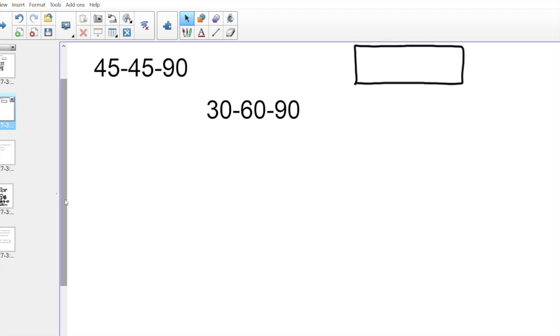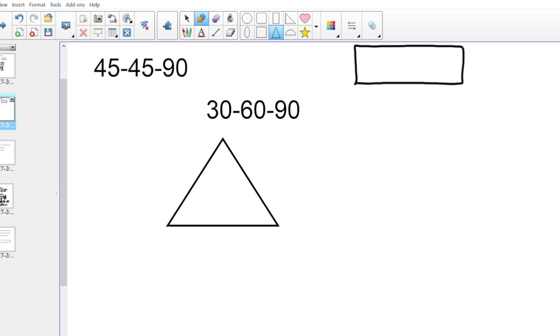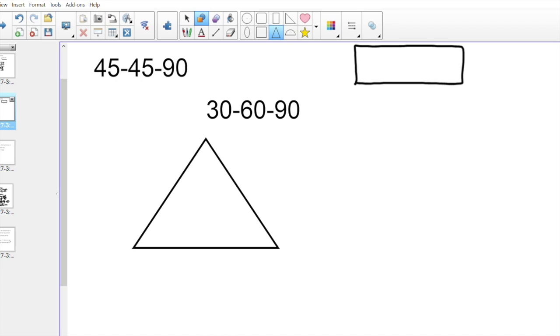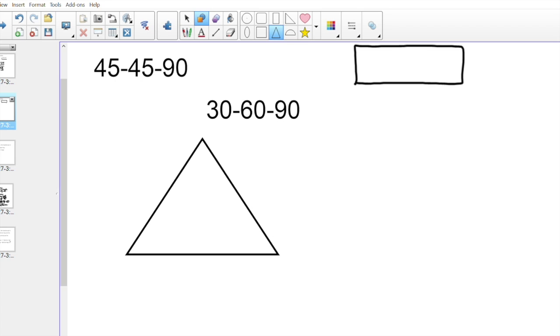Now, to form a 30, 60, 90 degree triangle, we take an equilateral triangle. Hopefully this triangle looks equal all the way around. We know that in an equilateral triangle, all the sides are equal.